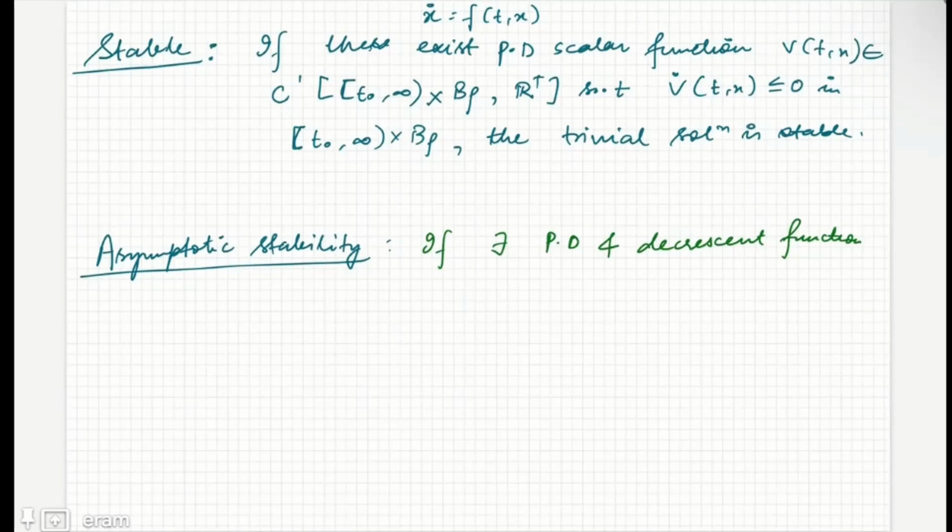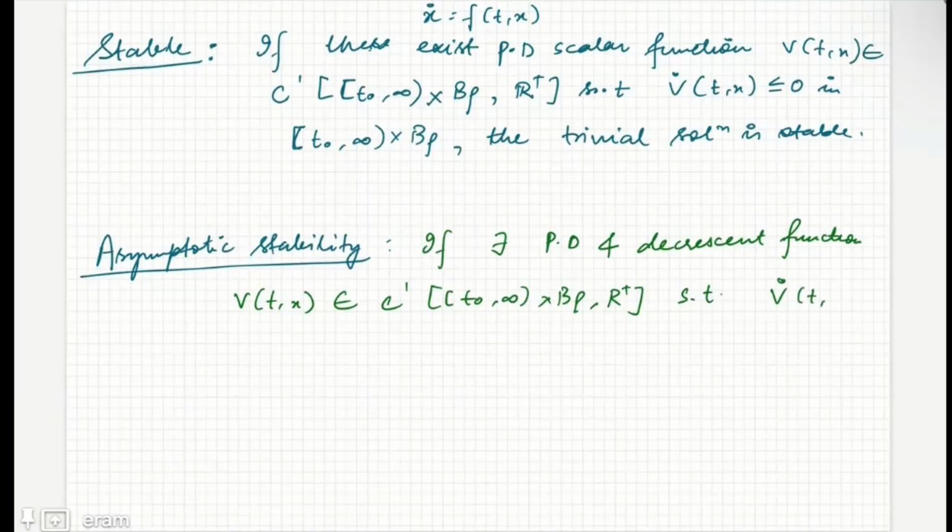So if there exists a positive definite and decrescent function V, so let's write out the domain, and such that the derivative is obviously less than 0 only on the domain of interest, then the trivial solution is asymptotically stable.